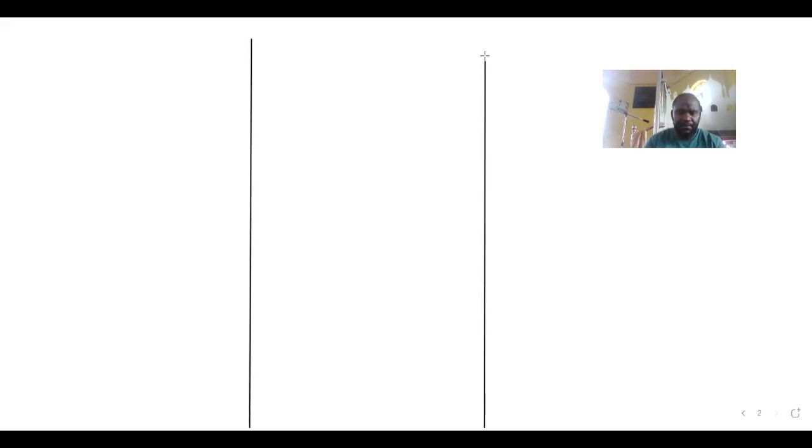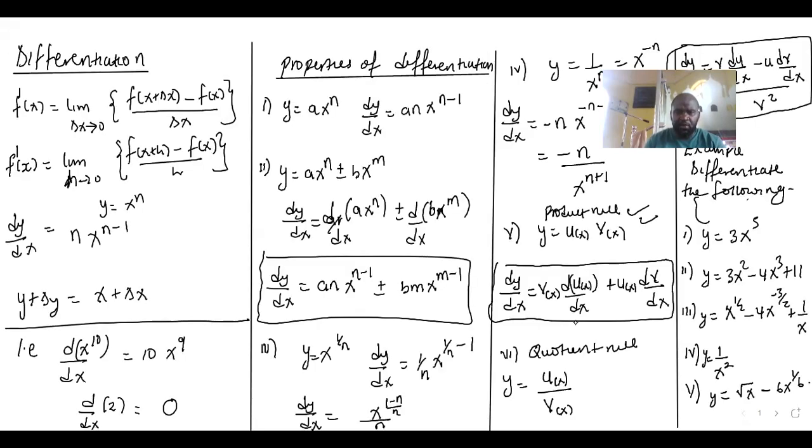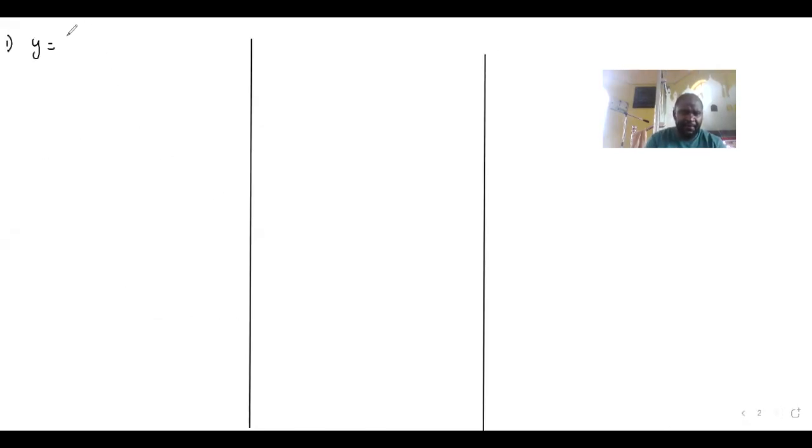with this knowledge of the properties that I've just talked about, we have question 1. Question 1 says y is equal to 3x power 5, and they want us to use the power rule. Find dy/dx.